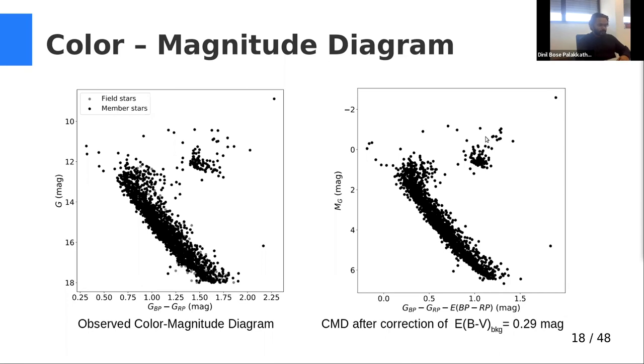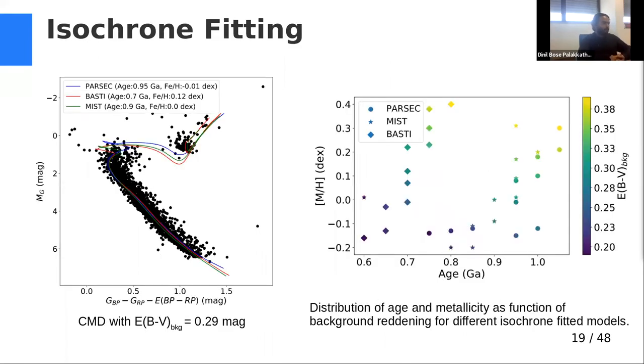Okay. Now we have corrected the background reddening. Now we can do isochrone fitting. In order to do isochrone fitting, I have used three isochrones: PARSEC, BaSTI, and MIST. On the left, I have shown the fitted isochrones. And as you can see, for different isochrones, we have different ages and different metallicity.